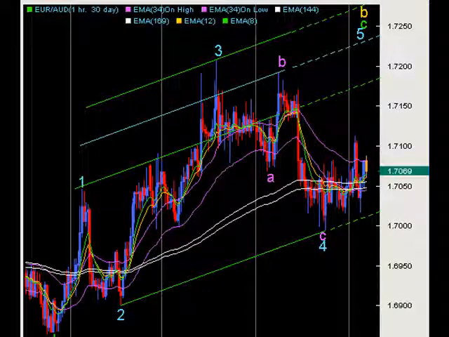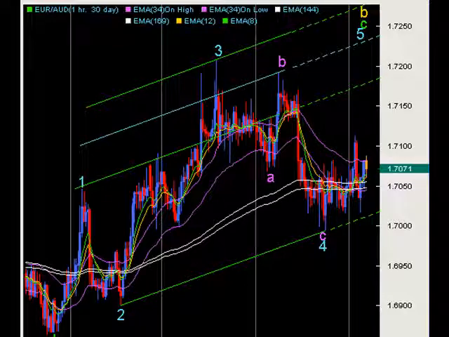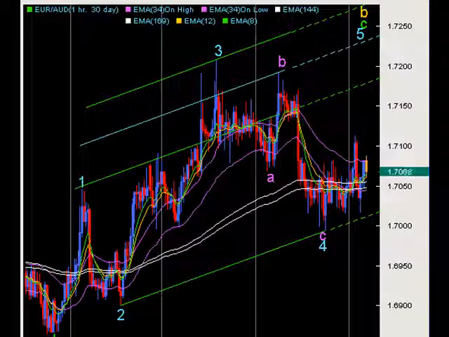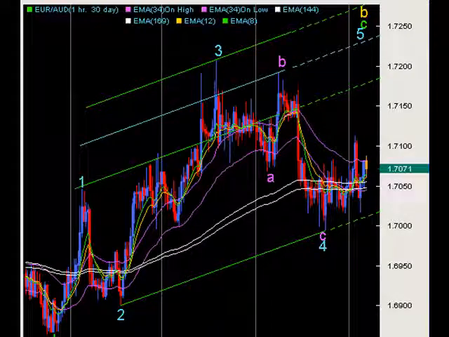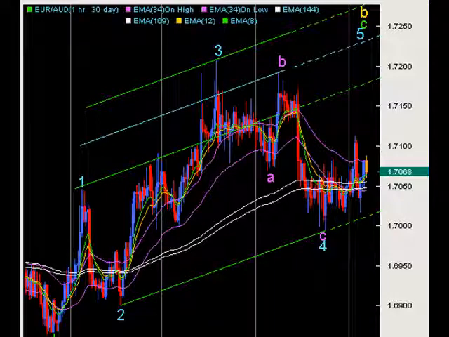You can see that I have trend lines going from the blue 2 to the blue 4. I've projected that trend line off the top of the blue 1 and the top of the blue 3, and I also have a center line.